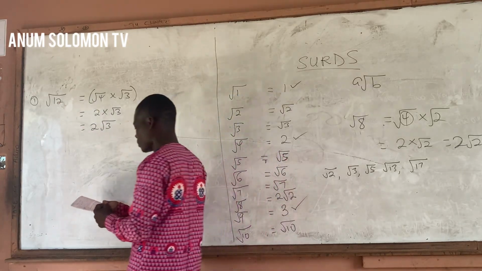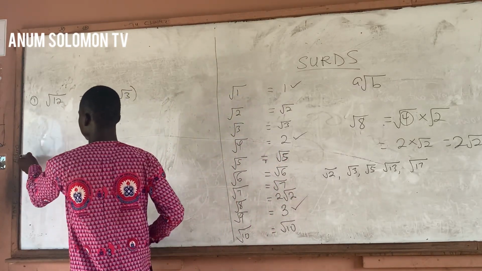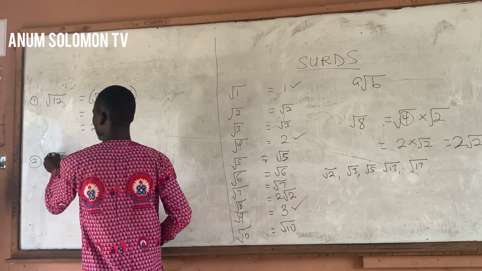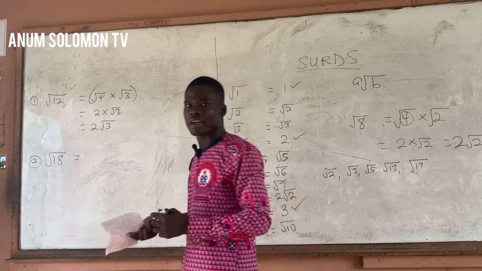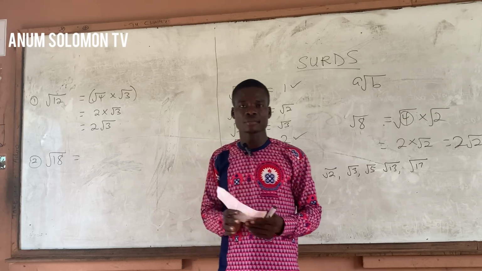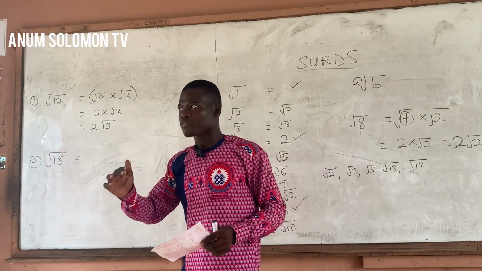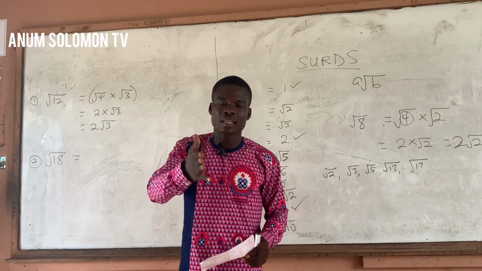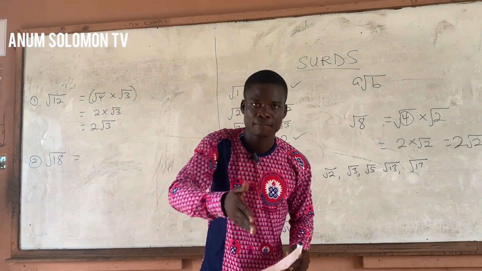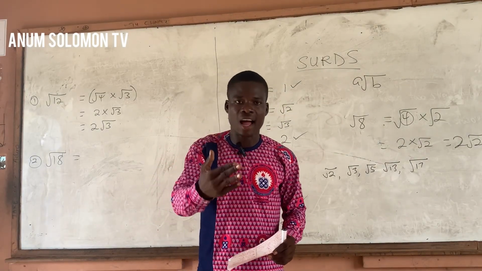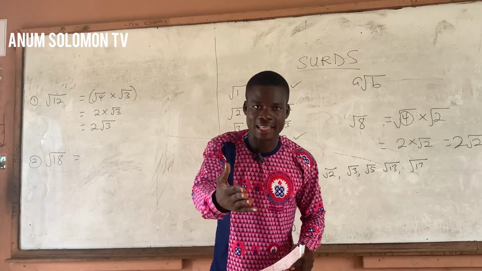The second example, suppose we have root of 18. So root of 18, we have to sit down and check the factors of 18. Among the factors of 18, which one is a perfect factor? The perfect factor is 9.